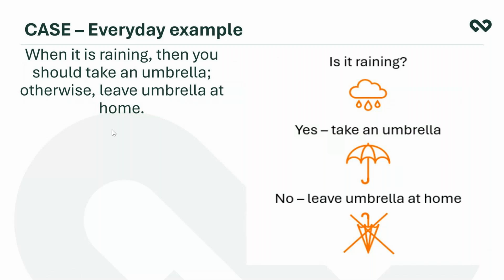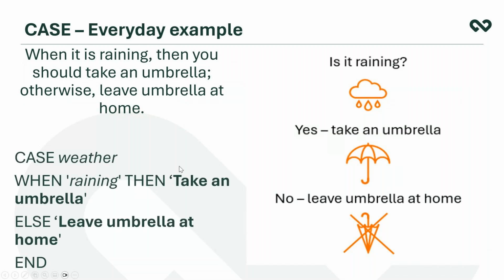So if we try and write a case statement for this, the thing that we are testing for is the weather. So it would go next to the keyword case, followed by the condition. As I mentioned earlier, we always start our conditions with the keyword when.